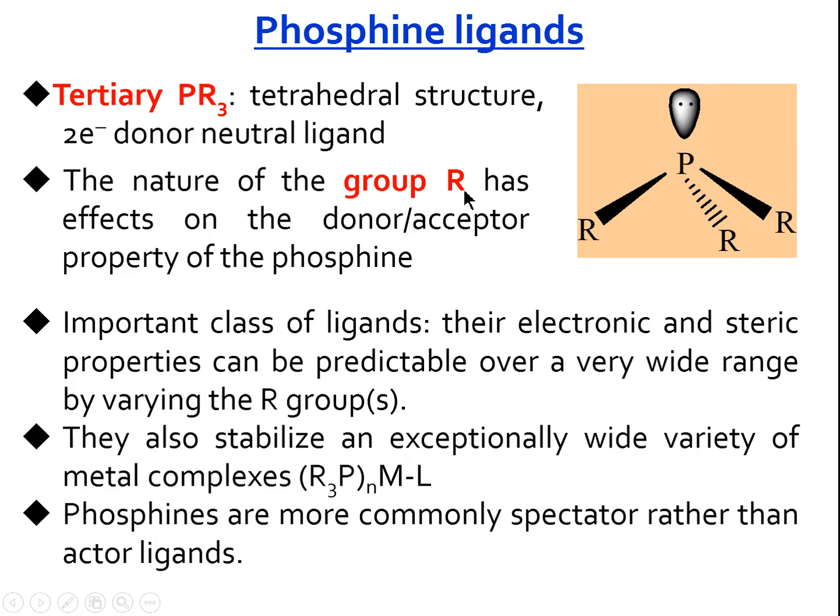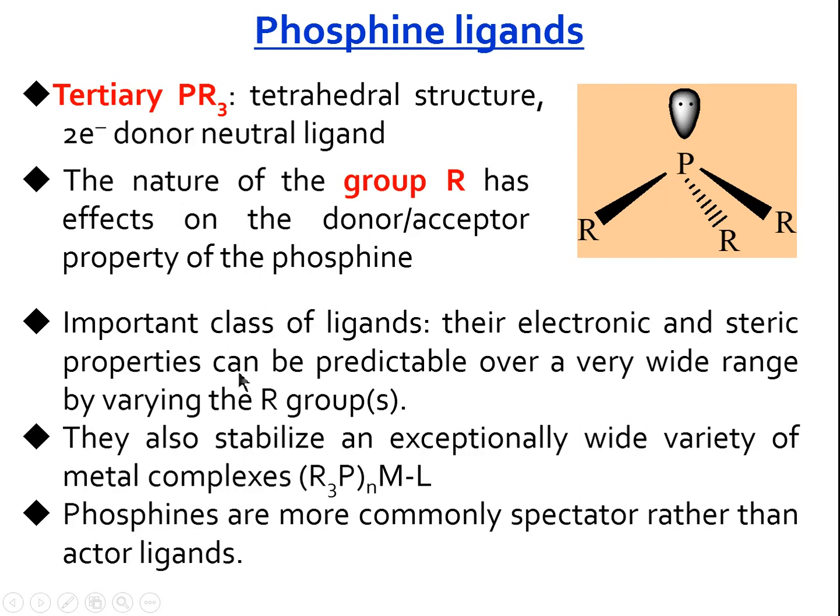So the nature of the group R has effects on the donor-acceptor property of the phosphine, and I will explain later what the acceptor property of phosphine is. Phosphines are an important class of ligands.